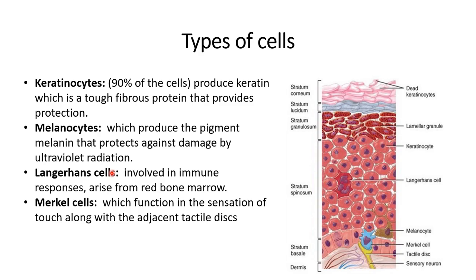Now we come to a little bit of detail of each type of cell. The first one was the keratinocyte. Here you can see the keratinocyte, which is the principal cell or the most important cell of the epidermis, and it undergoes continuous renewal throughout life, through cell division, through mitosis.